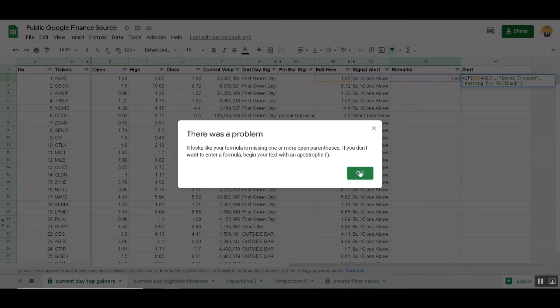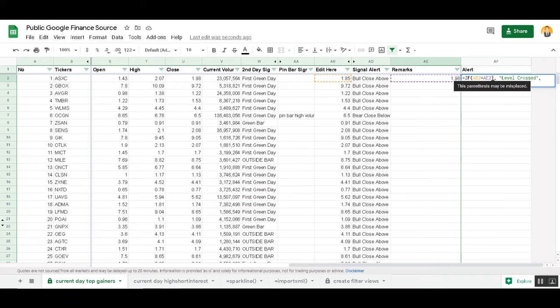It looks like your formula is missing. Okay, I know, because there shouldn't be a bracket because it's not finished yet, so this is where I put an extra bracket here.